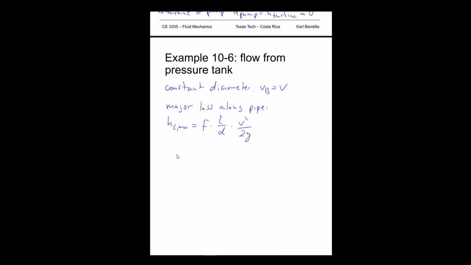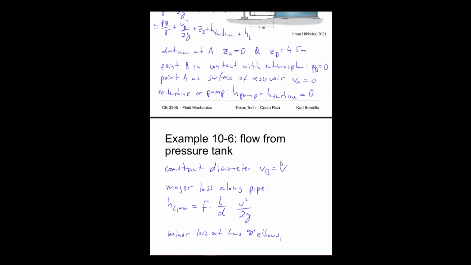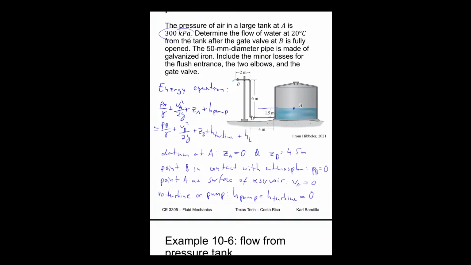So then let's look at the minor losses. Minor loss, and what do we have? We have two 90-degree elbows. Two elbows, that would be our elbow here and here.